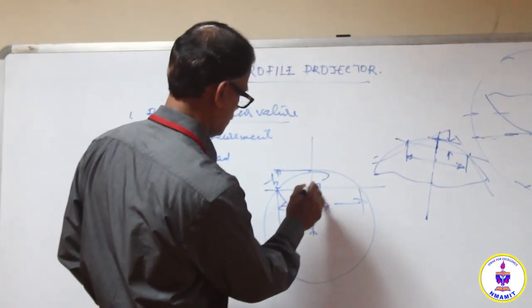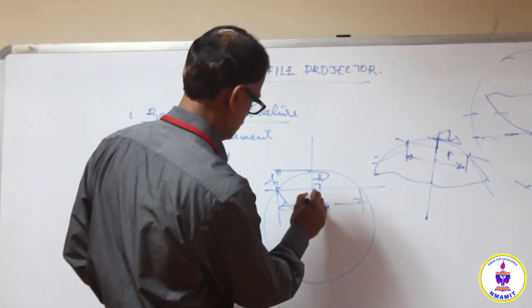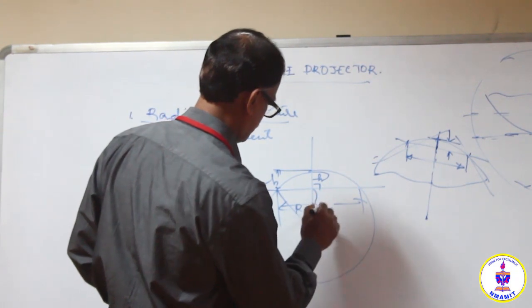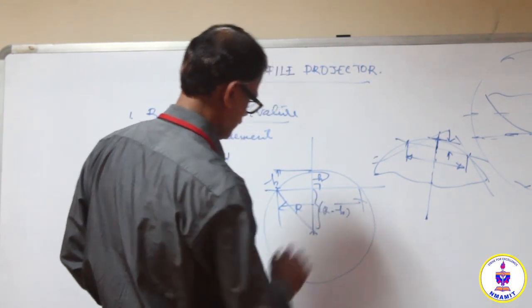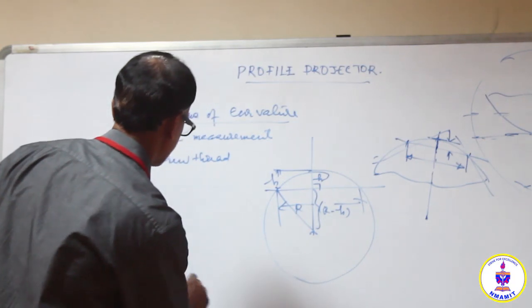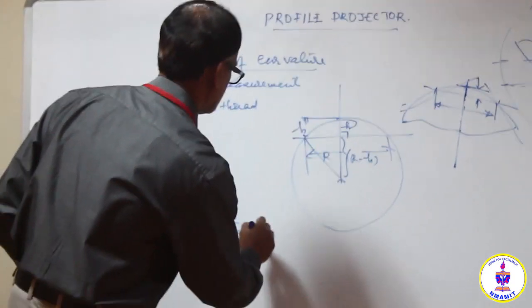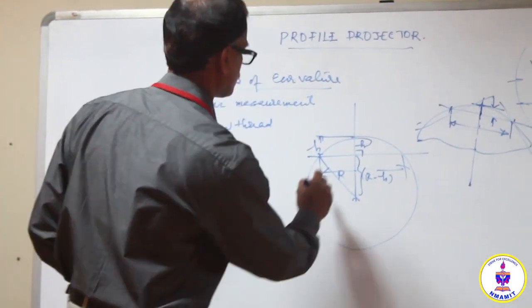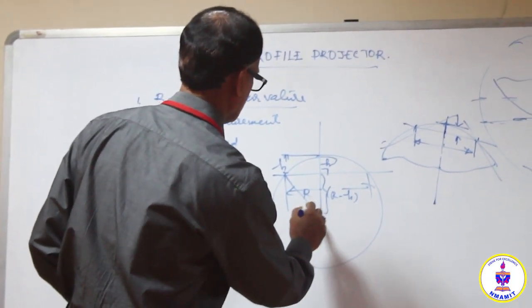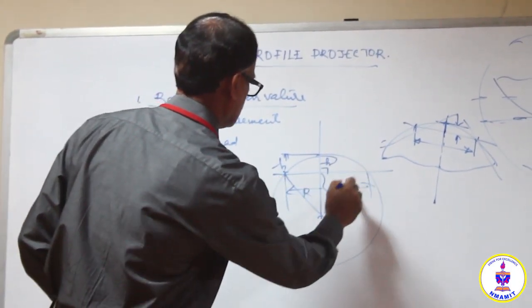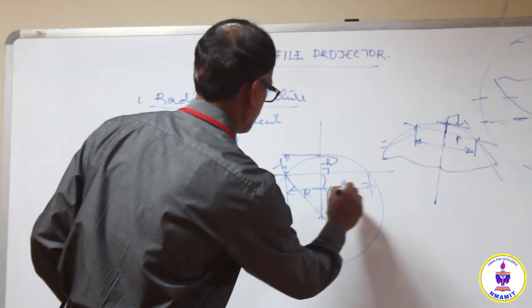So if this is r, and this is h, this distance is r minus h, so that we can get r square. This distance is marked e.